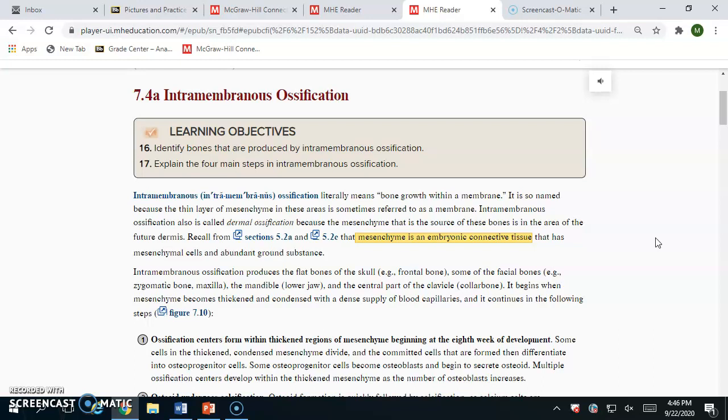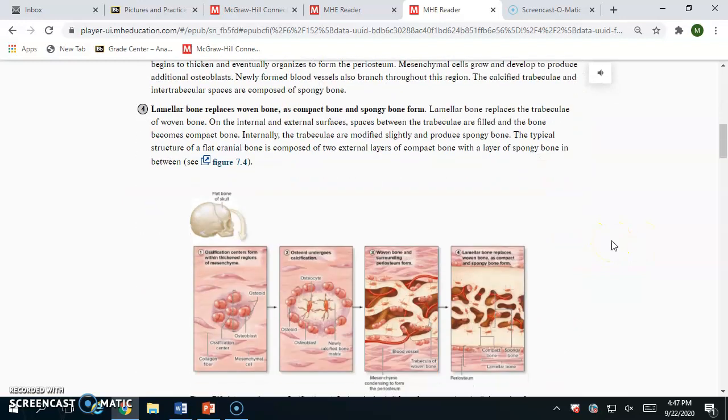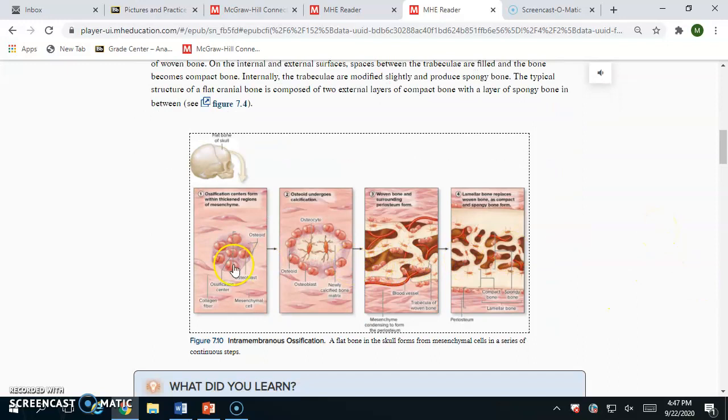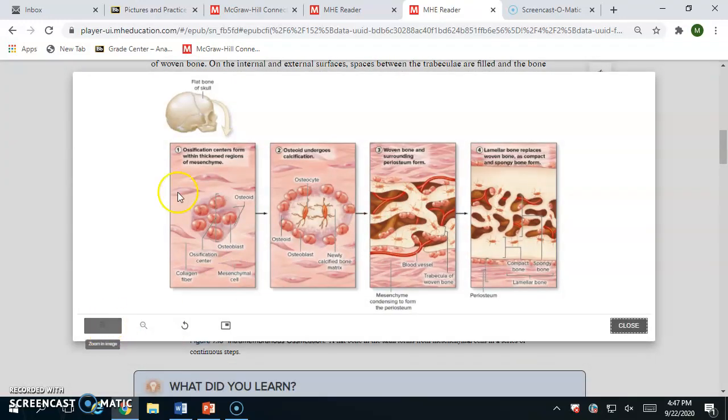Over time, the mesenchyme tissue gets replaced by bone tissue, and there are a few steps in that whole process. They have a picture showing the steps, and they also break it down here as well. I generally just look at the picture to go over these steps. They're looking at the frontal bone here, showing this process of bone being formed within the embryo or fetus.